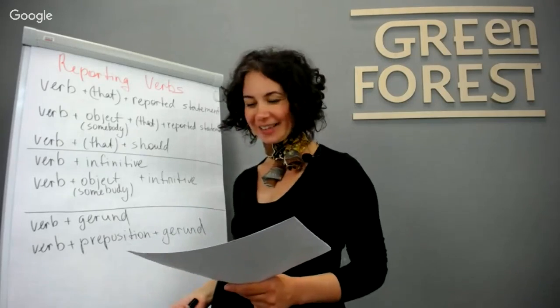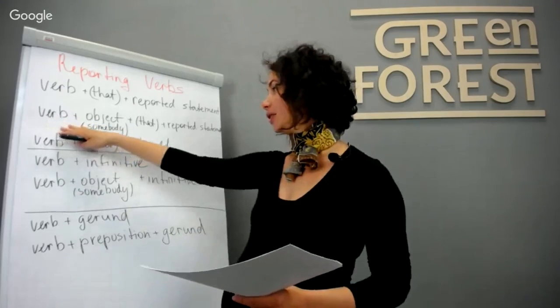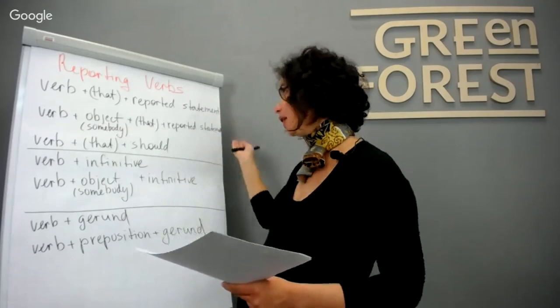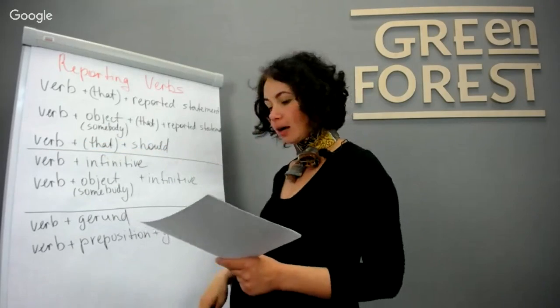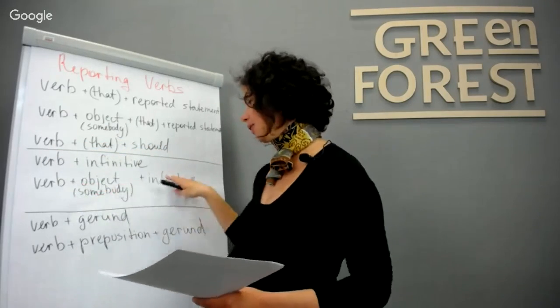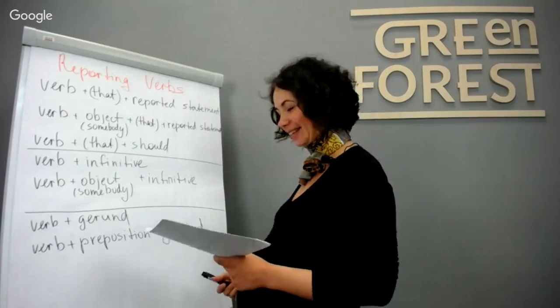Advise has lots of different usage. We can use after advise us, and then reported statement, advise that we should, advise somebody and then infinitive, or advise and gerund. Can you imagine that?